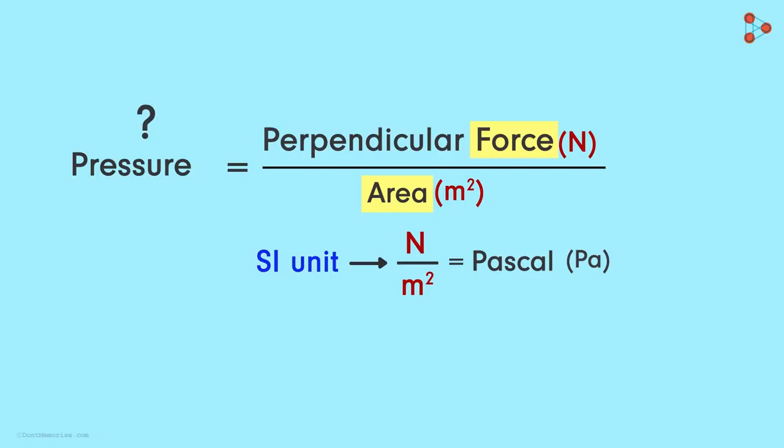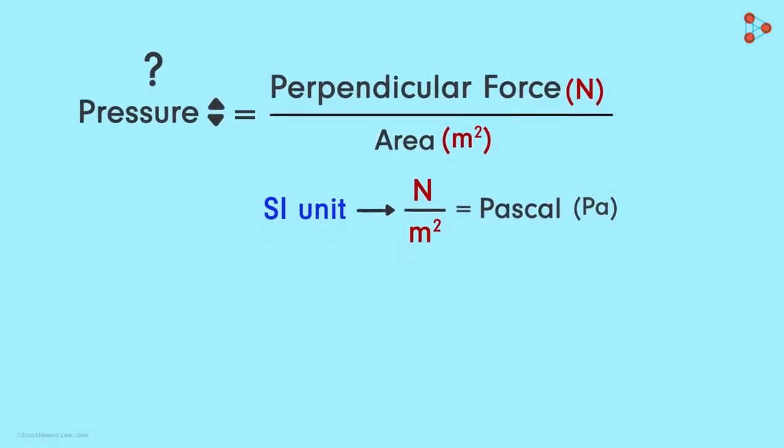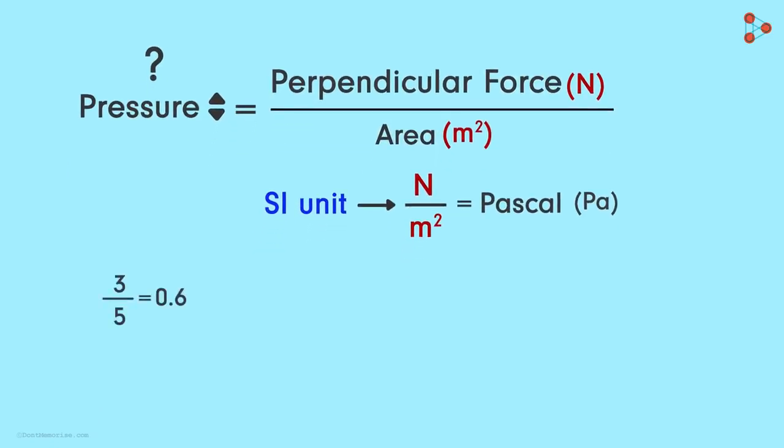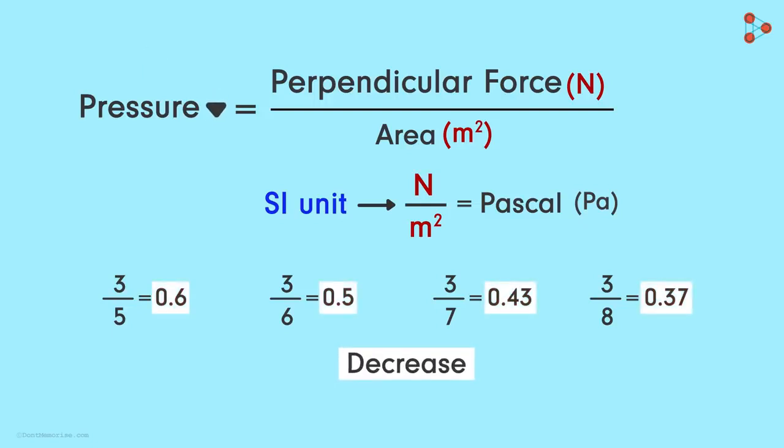What will happen to the pressure? Will the pressure increase or decrease? Use pure mathematical logic to answer this. If I have a fraction and I keep the term in the numerator constant and keep increasing the term in the denominator, then will the fraction increase or decrease? Surely it will decrease. So the pressure will decrease if I increase the area while keeping the force constant.